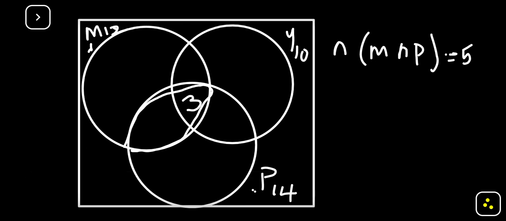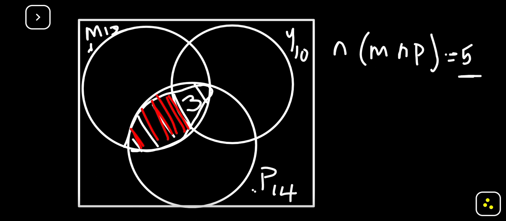This whole part for maize and plantain, the intersection is 5. But we already have 3 included in this intersection. So for us to get the remaining part of the intersection, which is this other part here, we're going to say 5 minus 3. That means we're going to have 2 in this red shaded part here.